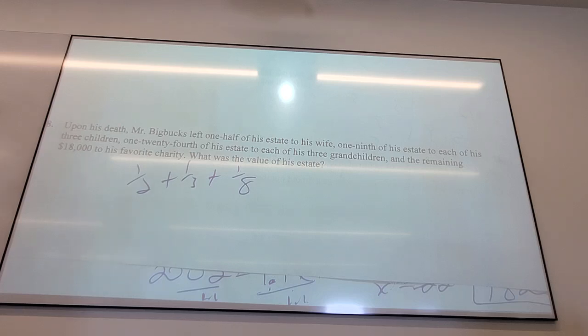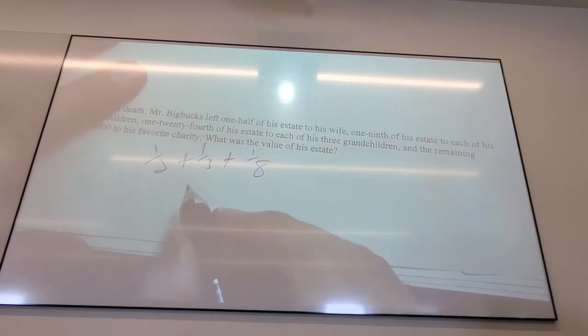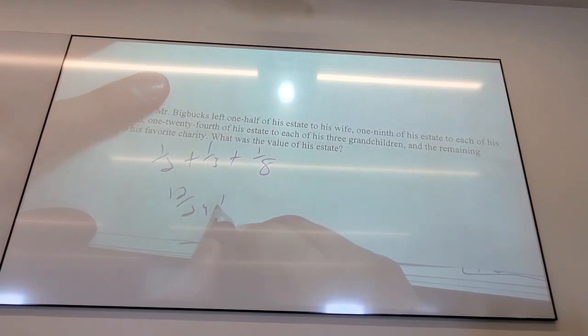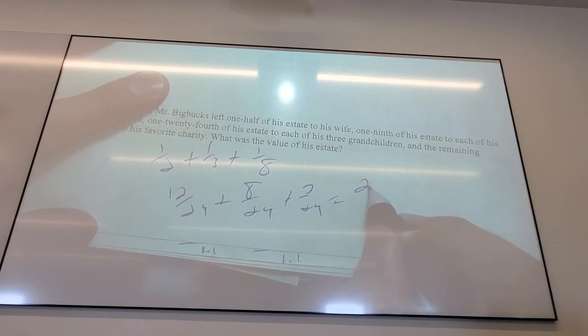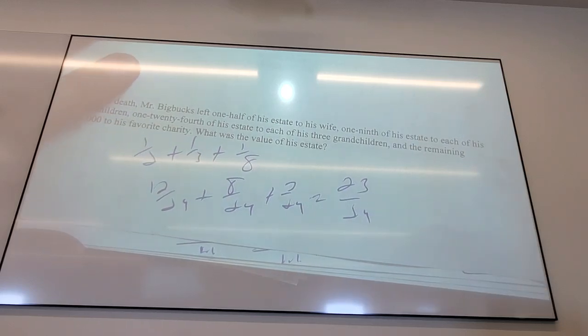So what fractional part of the estate went to other places besides charity? What do you get when you add all those together? 23/24, because you get 12/24 plus 8/24 plus 3/24. So 23/24 is given away to people directly.